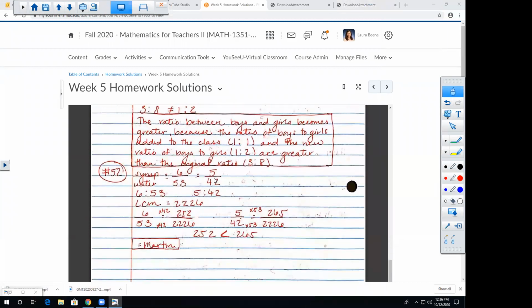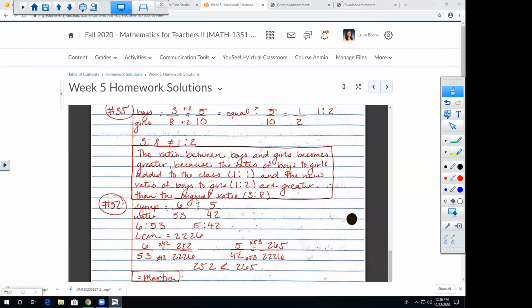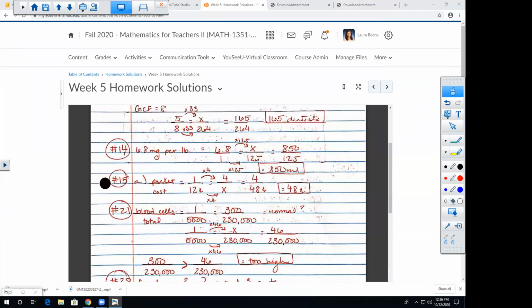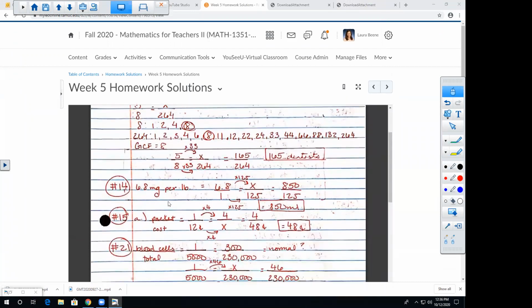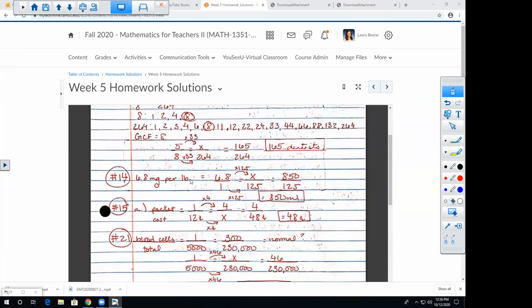What problem was that? Number 14. Is it 14 on the same page or the same section? The problem with the dosage. Yes. Okay, let's look at that one.